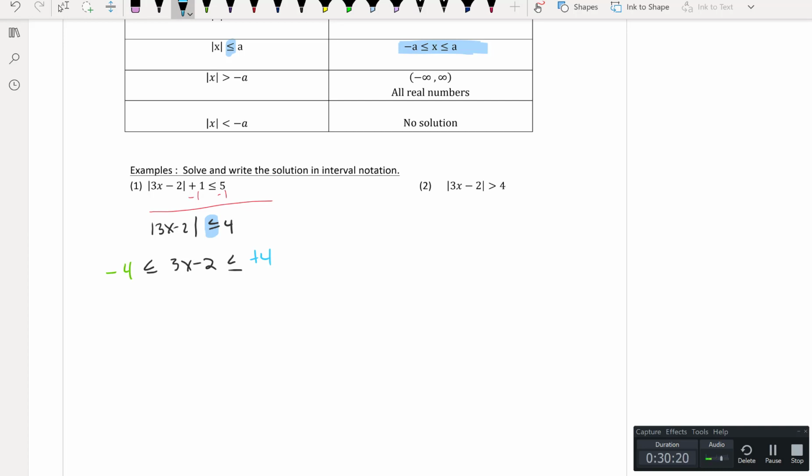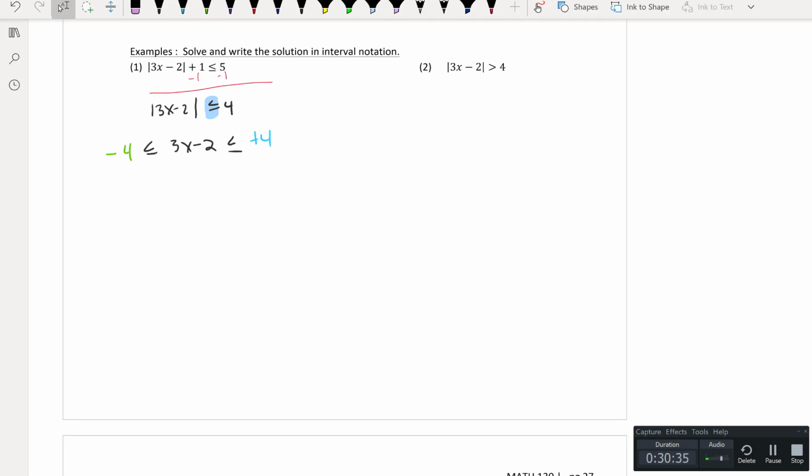So because of the way the inequality is facing, that determines how I'm going to be writing this, okay? And so it's going to depend on what your original inequality is. So now that this is what I have, to get the x by itself, I'm going to add 2 to both sides. So I can have negative 4 plus 2, which is a negative 2.